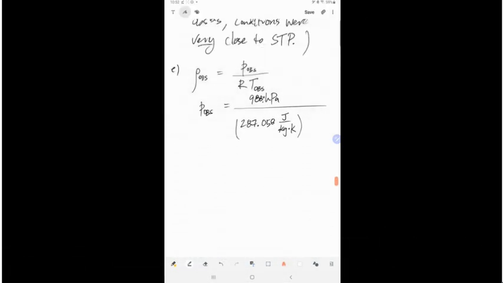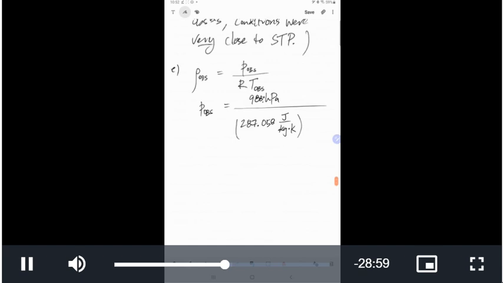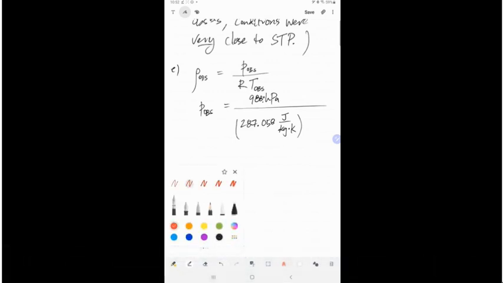Now, T observed. T observed, let's write it in here because we're going to make a little conversion. T observed is equal to 19.6 degrees Celsius. But you'll notice that there's this appearance of a capital K here. And that K is a unit for temperature. It's Kelvin.